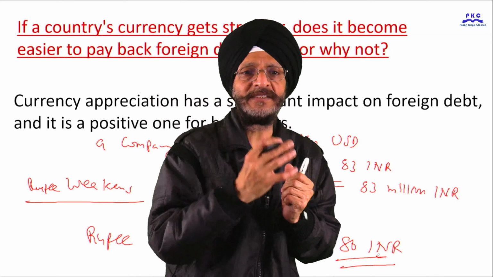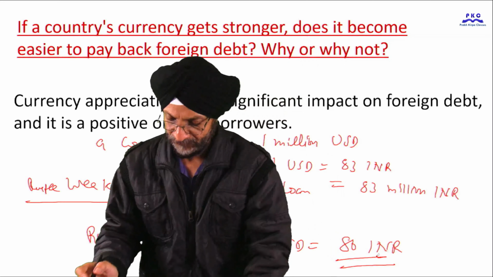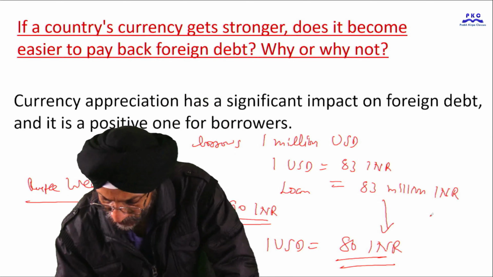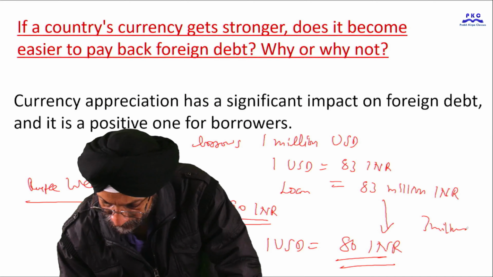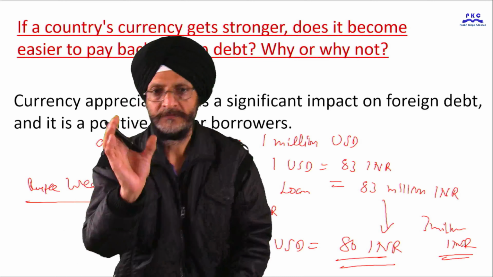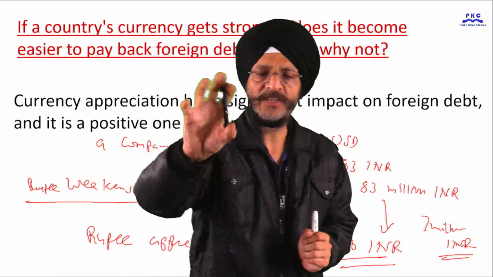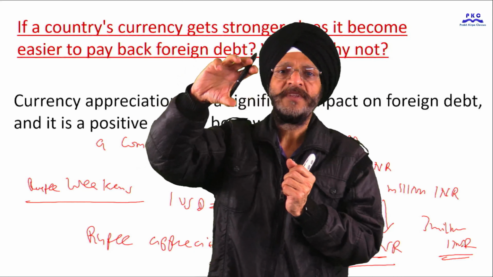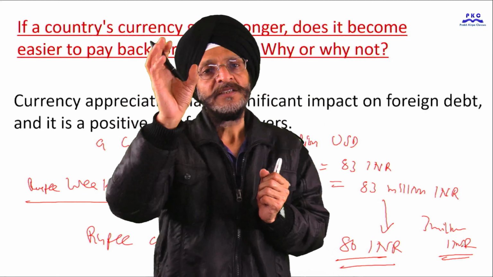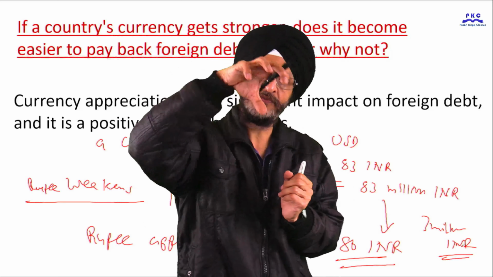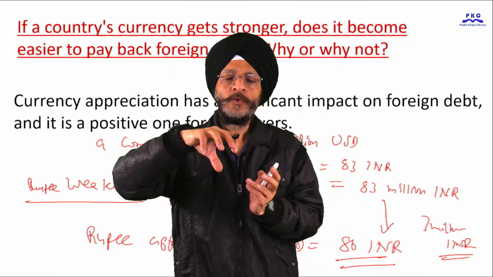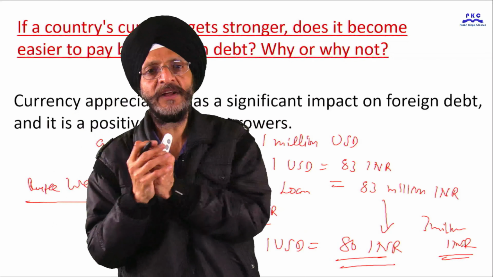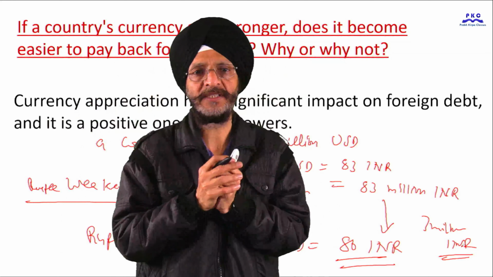When the rupee has appreciated, there is a difference of 3 million Indian rupees, or some adjustments may be there in the shape of interest. So less will have to be paid. This difference in the amount leaves financial resources for the government to use for infrastructure or some other development or social security measures.